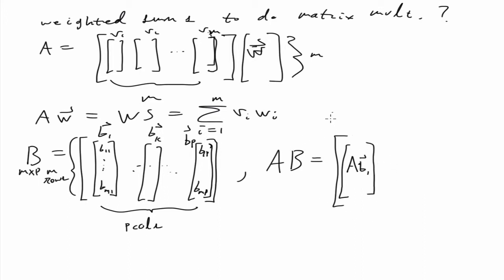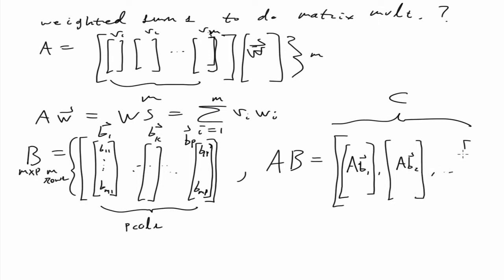Whatever this result is, I'm going to call it C. Then the second column will be A times B2, the vector, all the way to A times BP, the vector. So that's a little bit better way to organize the multiplications that have to go on.